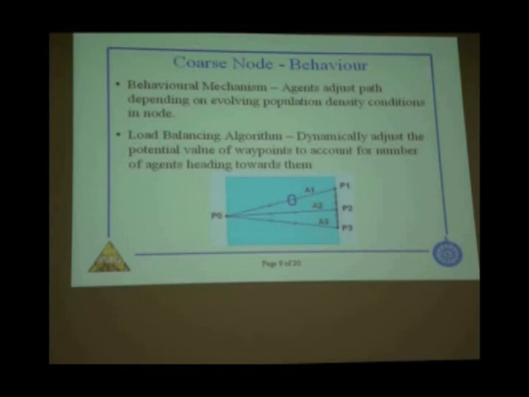Without the application of this algorithm, all the agents would be seen to enter at waypoint P0 and leave at waypoint P2. Whereas when this algorithm is applied, the agents would be seen to use paths A1 to A3 more evenly, therefore minimizing the dwell time spent due to congestion in the coarse node.